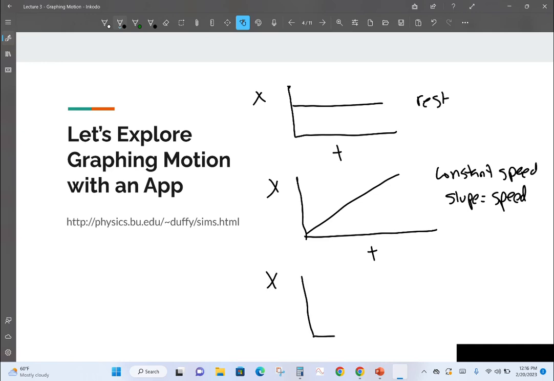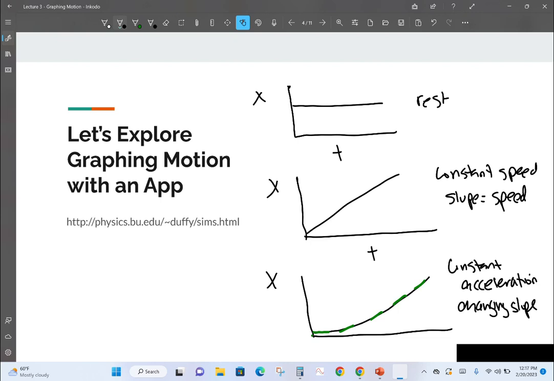And if we have a graph that's parabolic, right, the slope in this case is increasing, so it's speeding up. It's constant acceleration. It has a changing slope. We could be getting slower if we wanted to, right? And if that were the case, we'd start out steep and then we would get flatter.